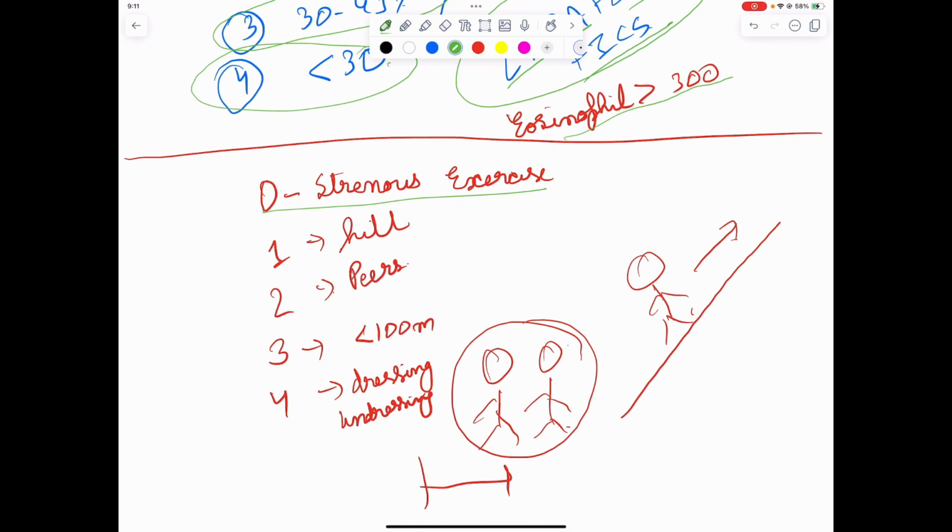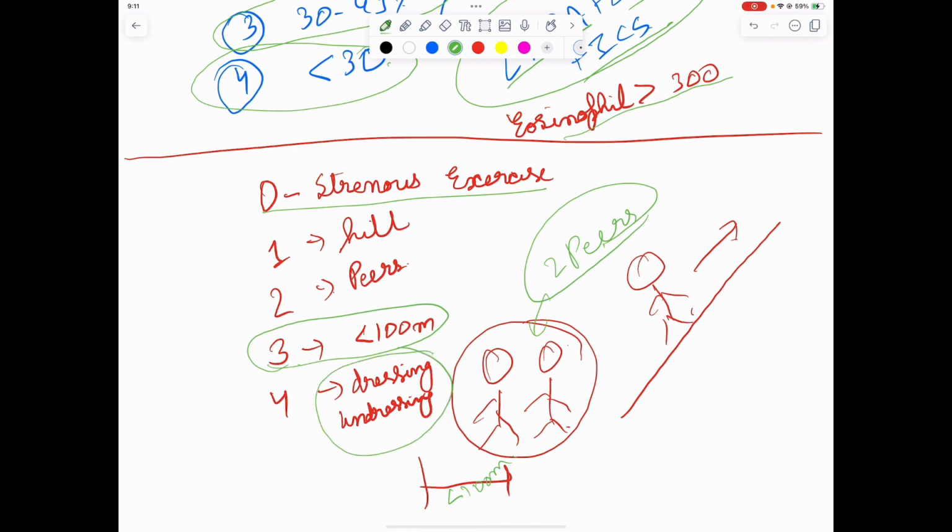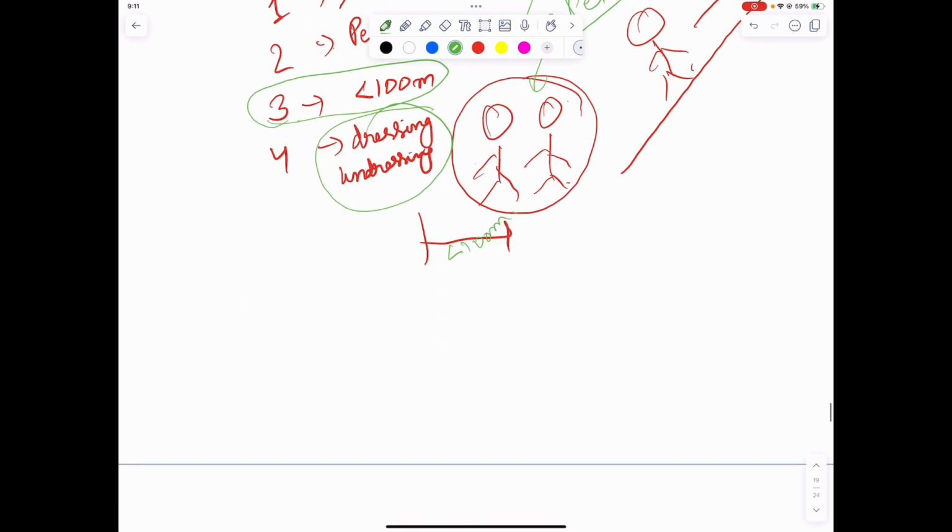When he is not able to walk with his peers, that is category 2. If he is able to walk less than 100 meters, then it is category 3. And if he is not able to carry out daily routine activities like going to the toilet, or dressing and undressing, then it is category 4.